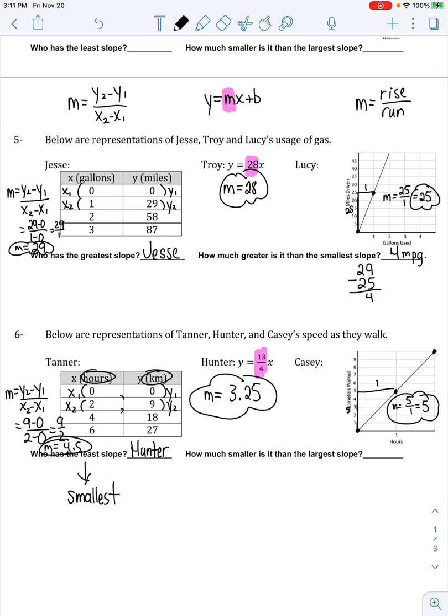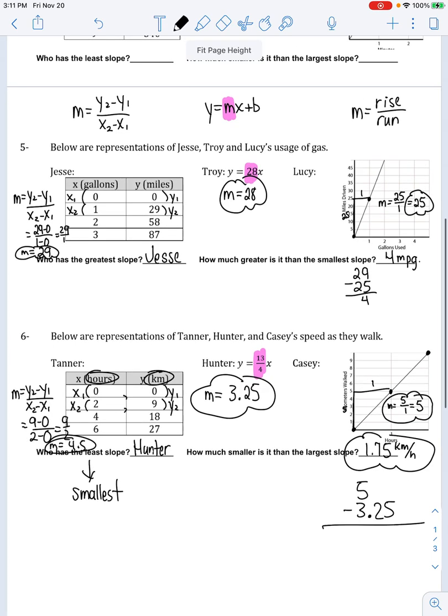So if we know he is the smallest with 3.25, who's the largest? Tanner has 4.5, Casey has 5. So in my calculator, I'm going to do 5 minus 3.25, and that gives me 1.75. And remember, we did kilometers per hour. So he is 1.75 kilometers per hour slower than Casey.